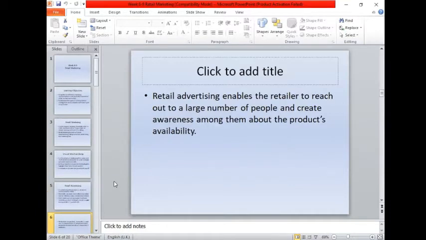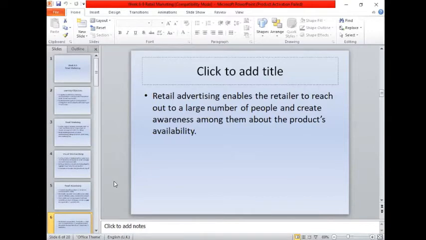Retail advertising also enables you to reach customers, not only a few, but a large number of people, which creates awareness, because retail advertising is non-face-to-face, and there is a big impact on the customers who see the advertising of a retail store, regardless of whether it is an electronic media or a print media.